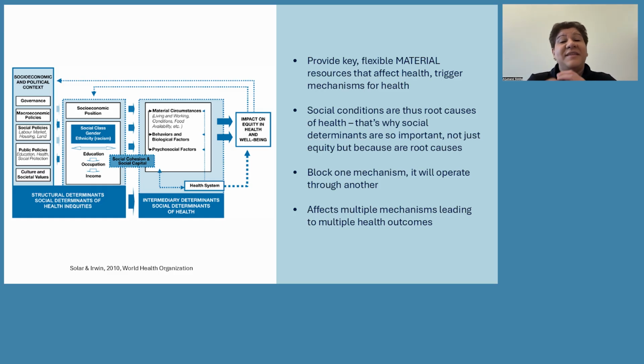So the idea is downstream interventions are fine, but they don't take into account what we know about how health works, which is that it is fundamentally driven by social conditions. And if we don't address those conditions, somehow, some way, the downstream consequences and the health consequences will keep going.